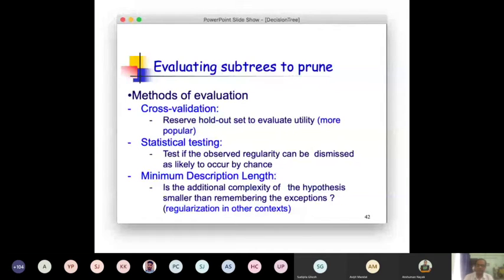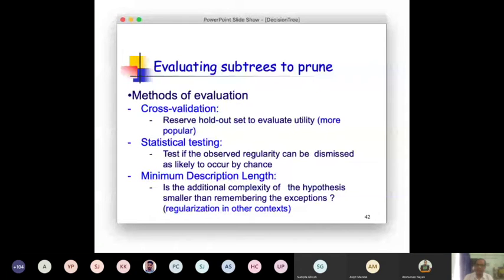You can apply them and consider its size. And suppose there are some exceptions for which you are growing the tree. Now you consider the size of storing those exceptions. So that's another encoding scheme.